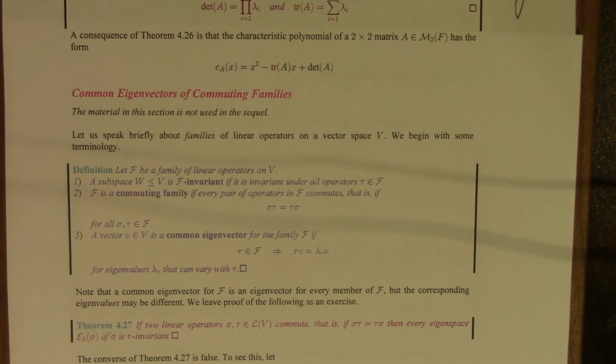More generally, if we had a family of linear operators, sometimes it is nice to know whether there's a single vector that is a common eigenvector for all of the operators in the family.